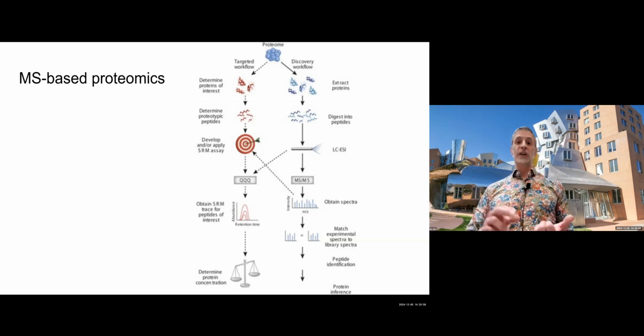So a few steps. In either case, we're going to extract the protein. We're going to generally digest it. And we can use different proteases, and we know where those proteases cleave, right? We know the amino acid sequence, so if we're looking at trypsin or something like that, we know where it's going to cleave.